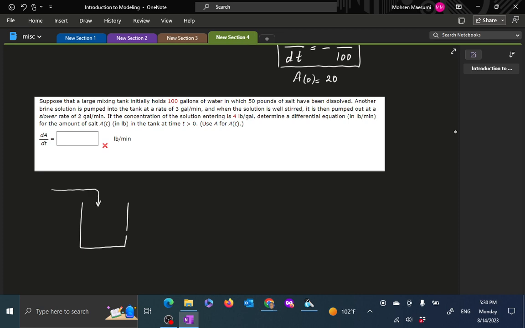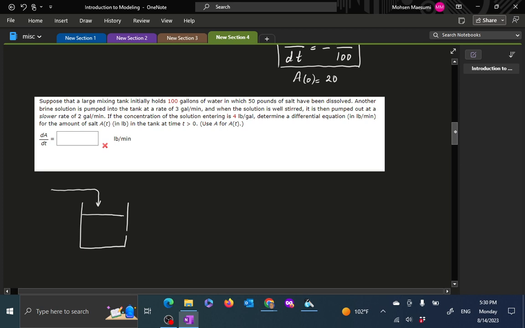Some brine solution is coming in. Originally this tank has 100 gallons of water in it, and there is 50 pounds of salt, so A0 is 50 pounds. Volume at the beginning is 100 gallons.